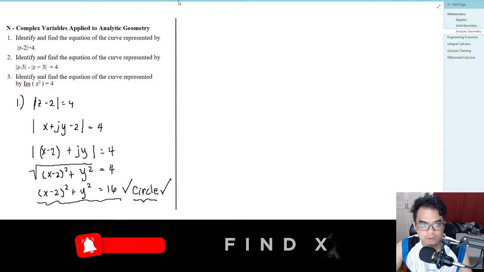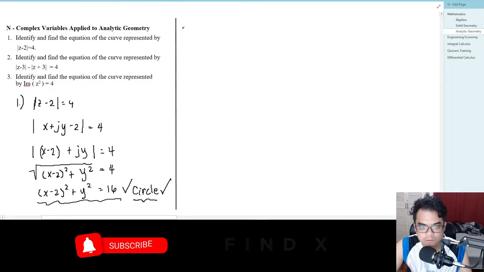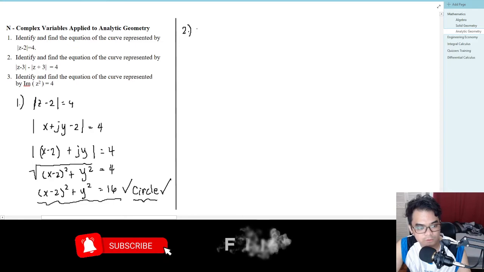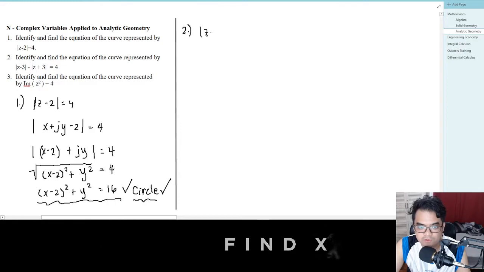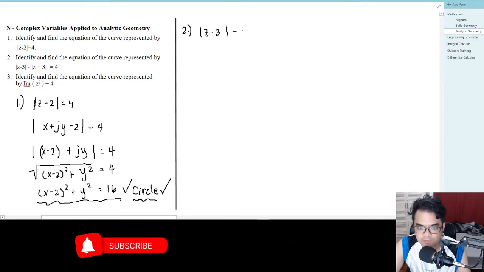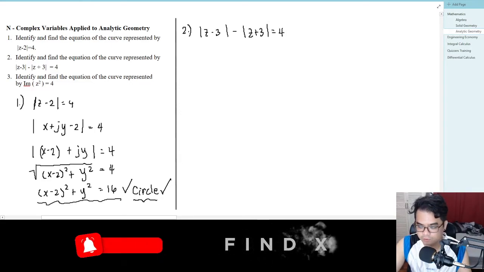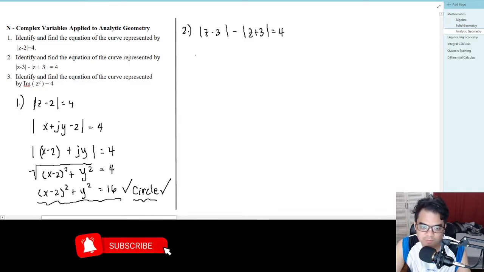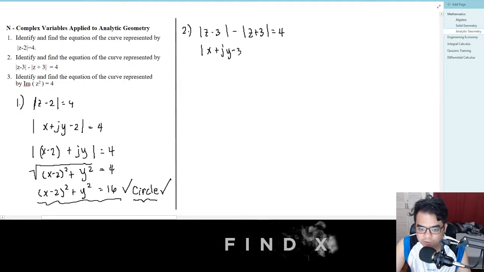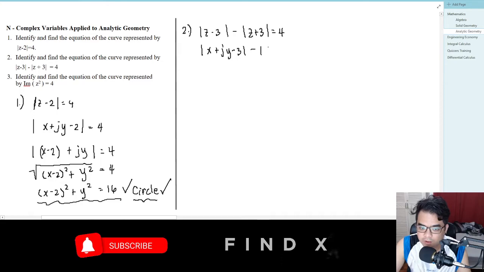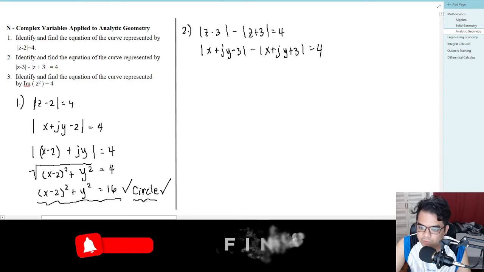For number 2, identify and find the equation of the curve represented by |z - 3| minus |z + 3| equal to 4. Okay, so the steps are just the same. You'll have x plus jy minus 3, and then minus x plus jy plus 3 equal to 4.